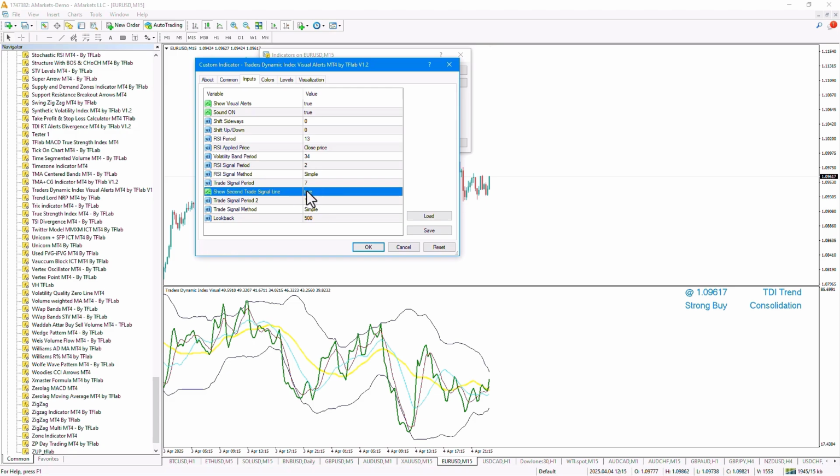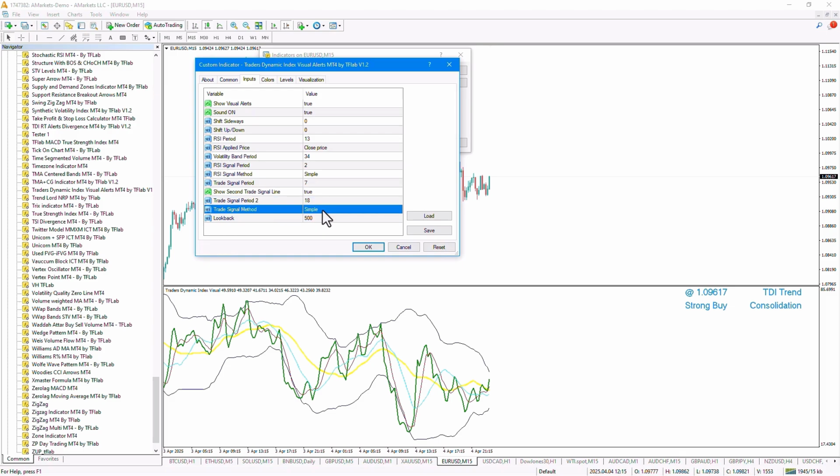In the next section, you can enable or disable the third line or trade signal, the slow signal line, or the second line. In this section, you can also set the period for the slow signal line or the second trade signal.